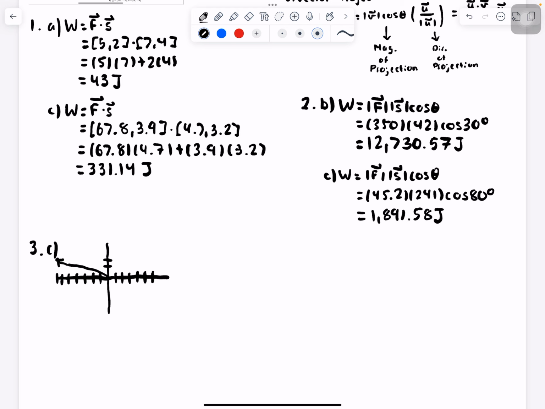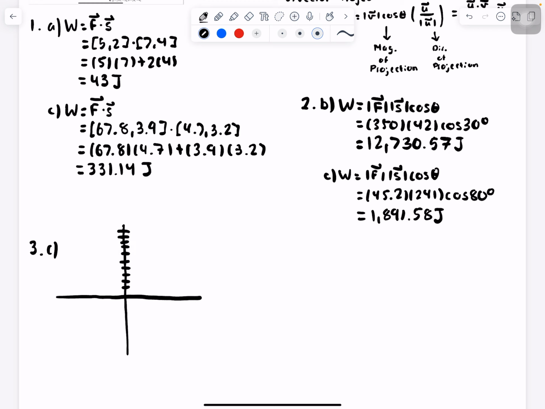Yeesh. I have to redo this. Quite bigger. 1, 2, 3, 4, 5, 6, 7, 8, 9, 10, 11. 1, 2, 3, 4, 5, 6, 7.